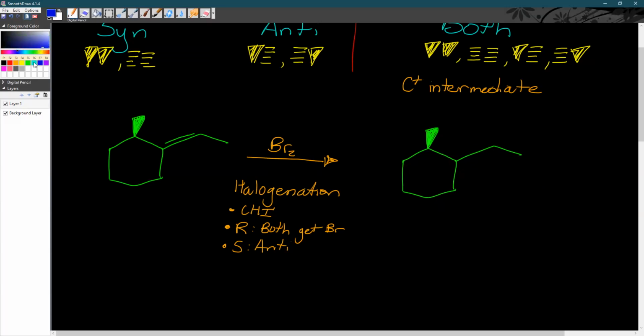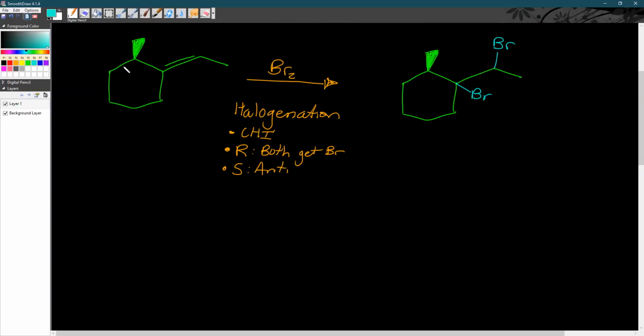So we know that a Br is going to be on that carbon and a Br is going to be on that carbon, right? And so the question is, which one is going to be on the wedge and which one is going to be on the dash? And this is where knowing the mechanism is going to be really, really important for being able to distinguish what happens with these stereochemical designators, okay?